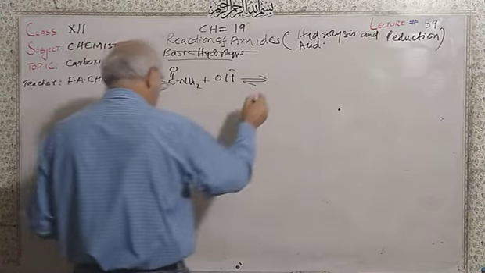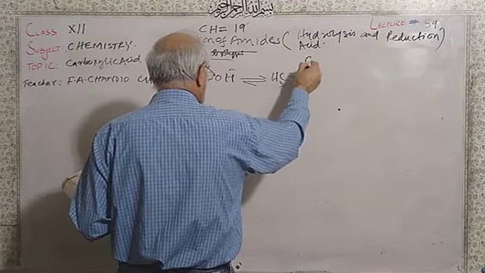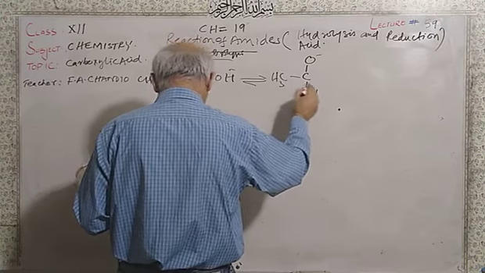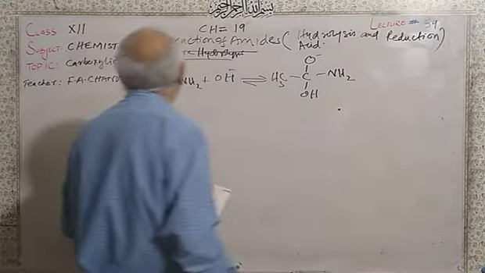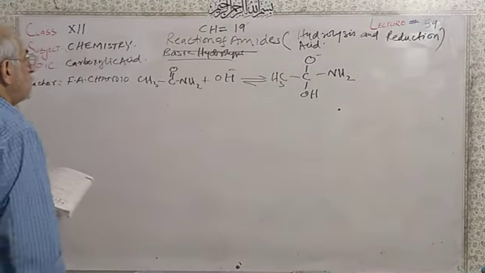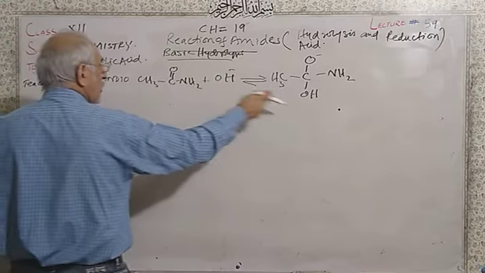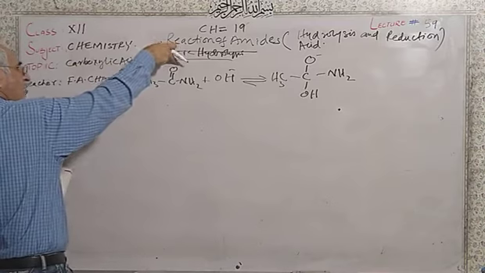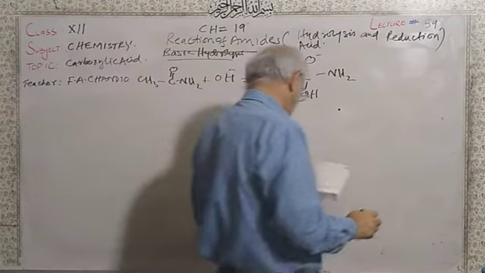So what will you get? CH3C, a negative charge is created, then OH and amide. This OH is attached here, the double bond is removed, and the valency of oxygen is not satisfied, so a negative charge is created, and the amine is there.